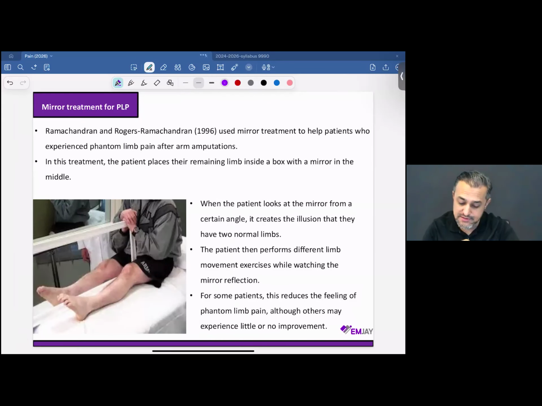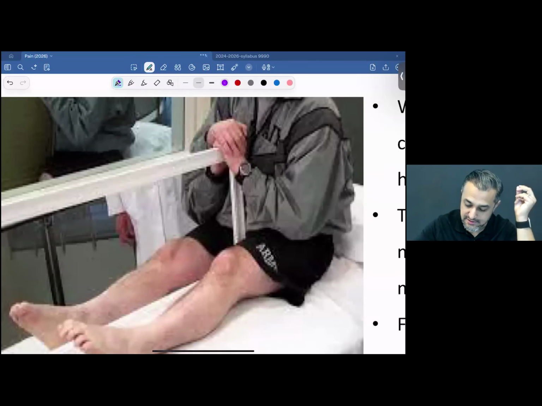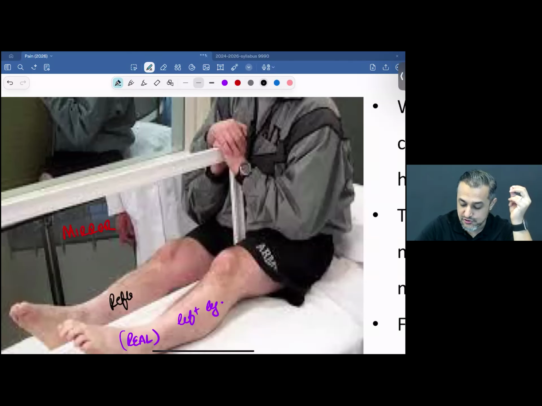Mirror treatment. Now, this is how it is like. This is an individual who has, let's just say, let's just mark this as the individual's left leg, and I'll write the word real because this exists, and this is a mirror over here, and through the mirror, the individual is able to see a reflection of his image.